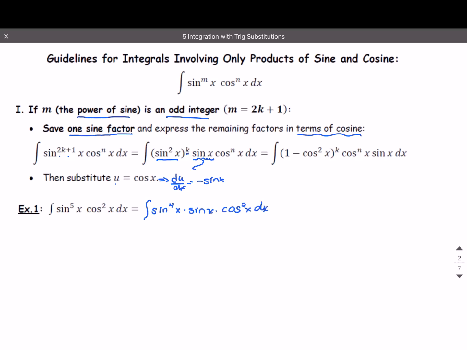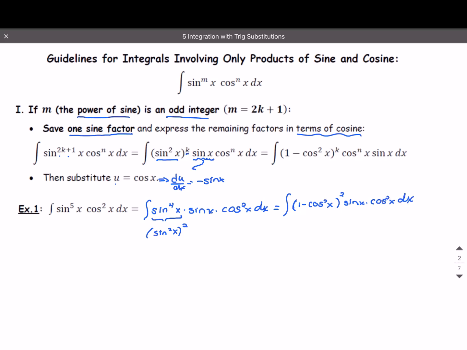Now remember, this sine to the 4th x is really sine squared x squared, isn't it? And we want to change this in terms of cosine. Well, sine squared x is 1 minus cosine squared x, but since I had it to the 4th, I still have to square that. Then I still have sine x times cosine squared x dx.